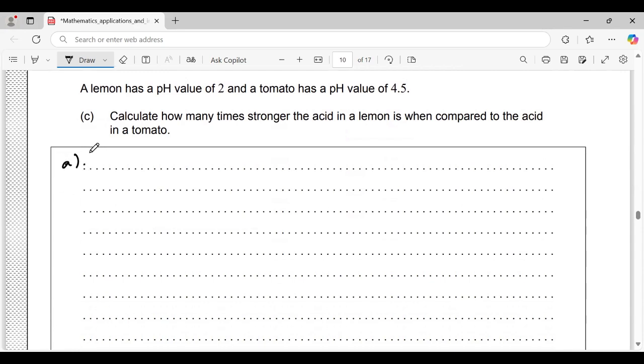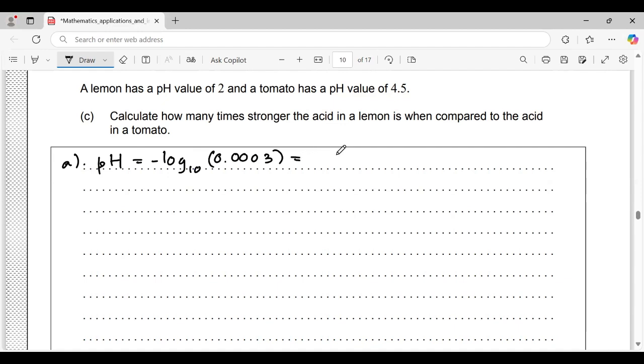Right. If the concentration is 0.003, so pH equals minus log base 10 of 0.003.